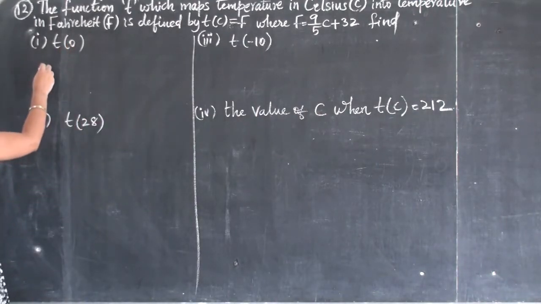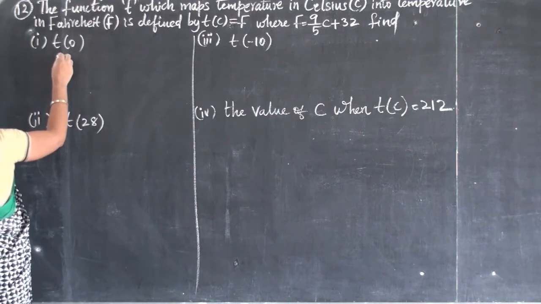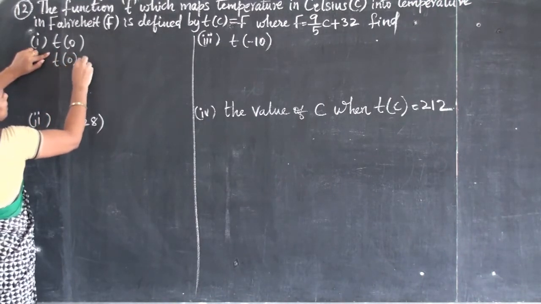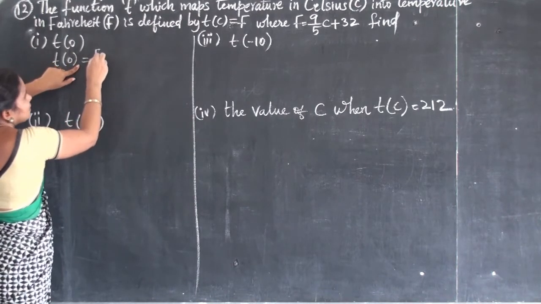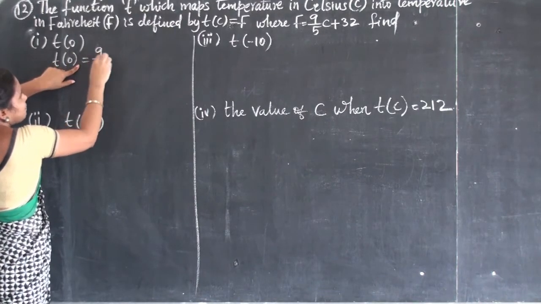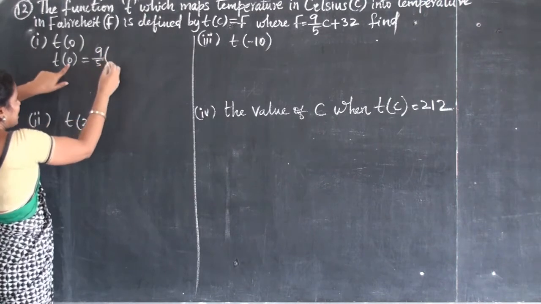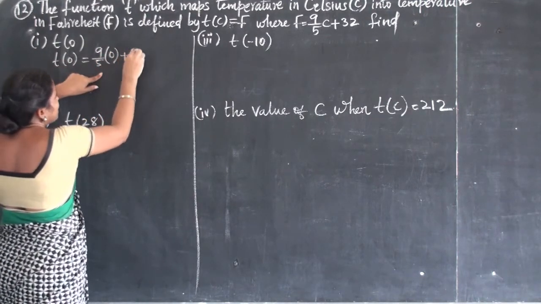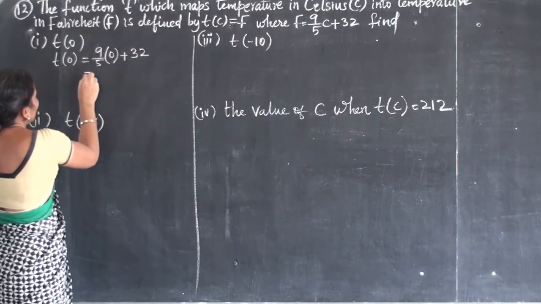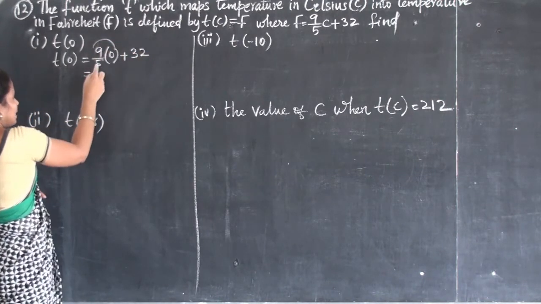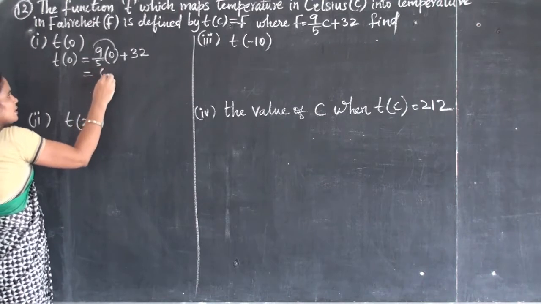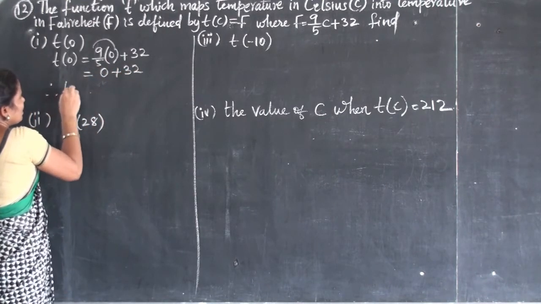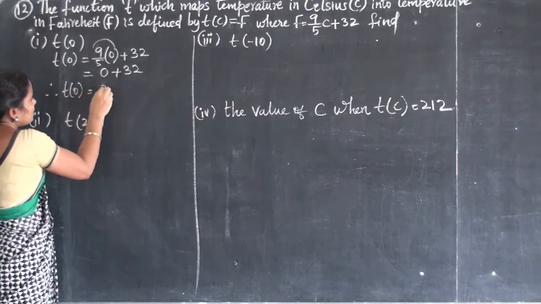Take T of C is equal to F, 9 by 5 C plus 32. In the place of C you have to put 0. Any number multiplied by 0 is 0. 0 plus 32, so therefore T of 0 is equal to 32.